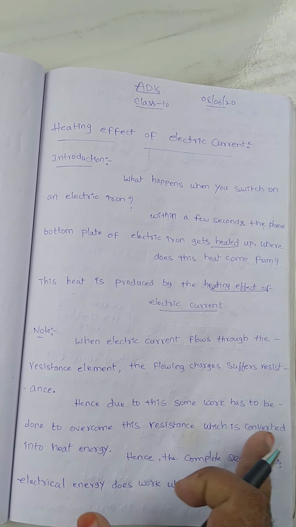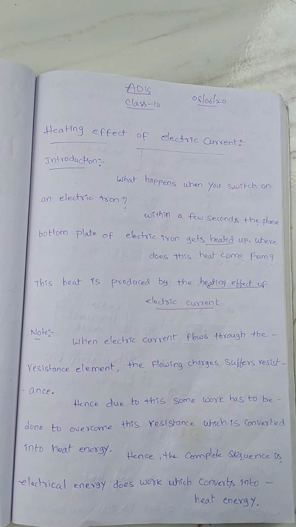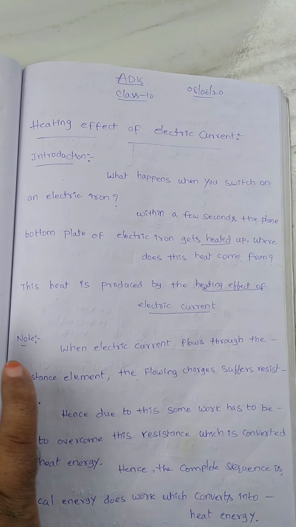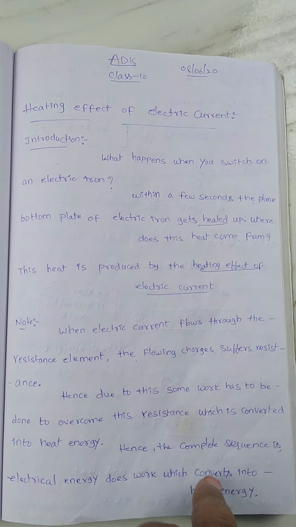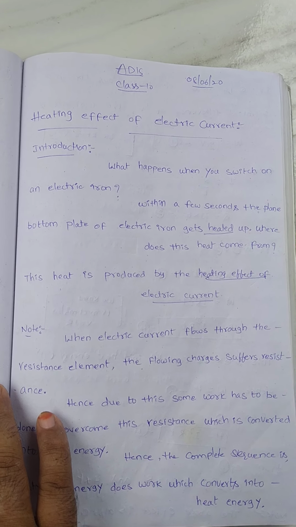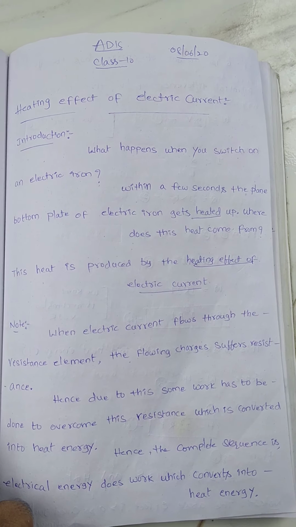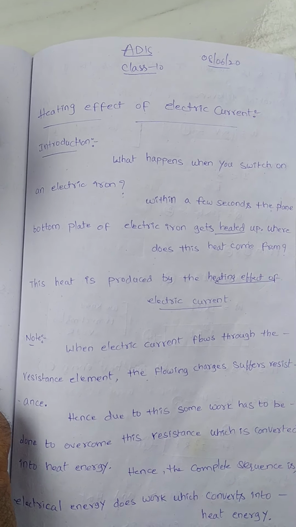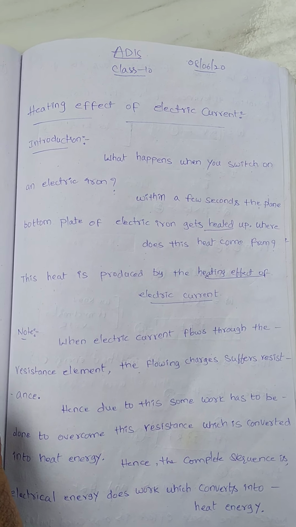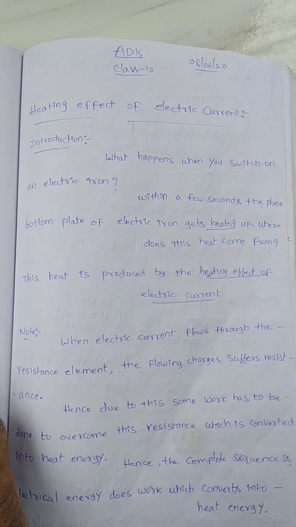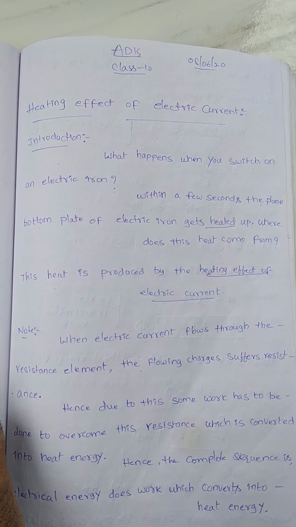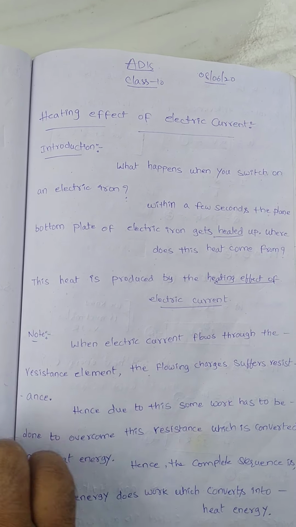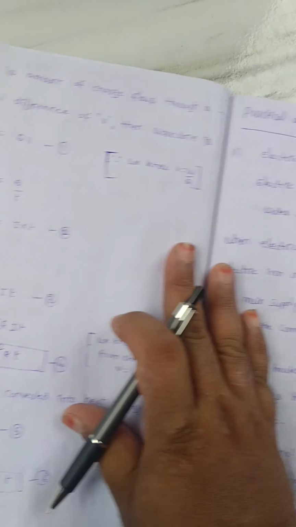So the complete sequence is just one point: electrical energy does work which converts into heat energy. Understood, my dear students, how the heating effect of electric current is produced?